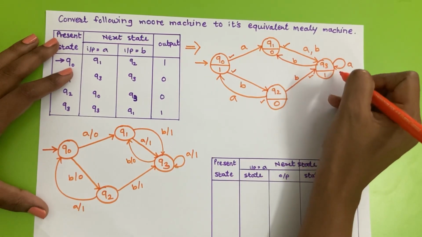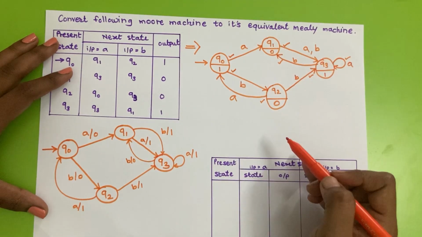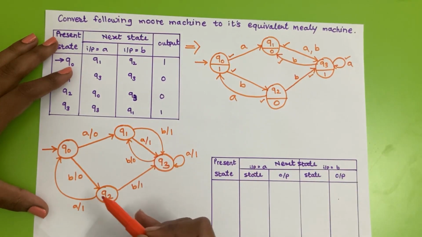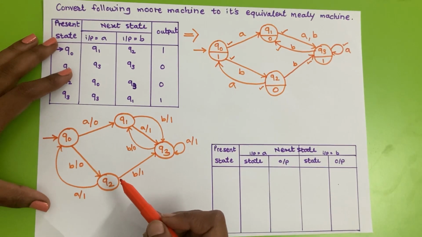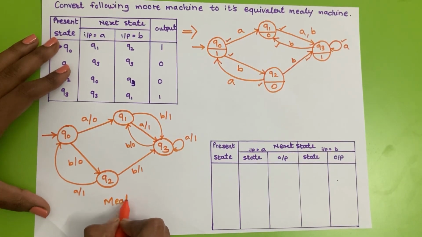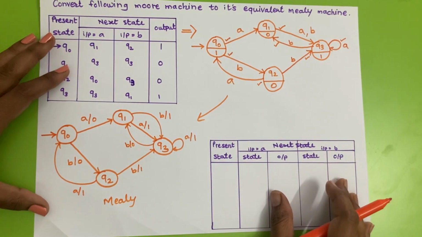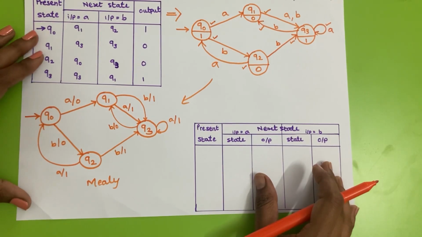Okay, so this transition is over and this transition is over. All the transitions are converted into Mealy machine form. So this is our resultant Mealy machine. We have converted it from the given Moore machine. Now we can fill up the table.